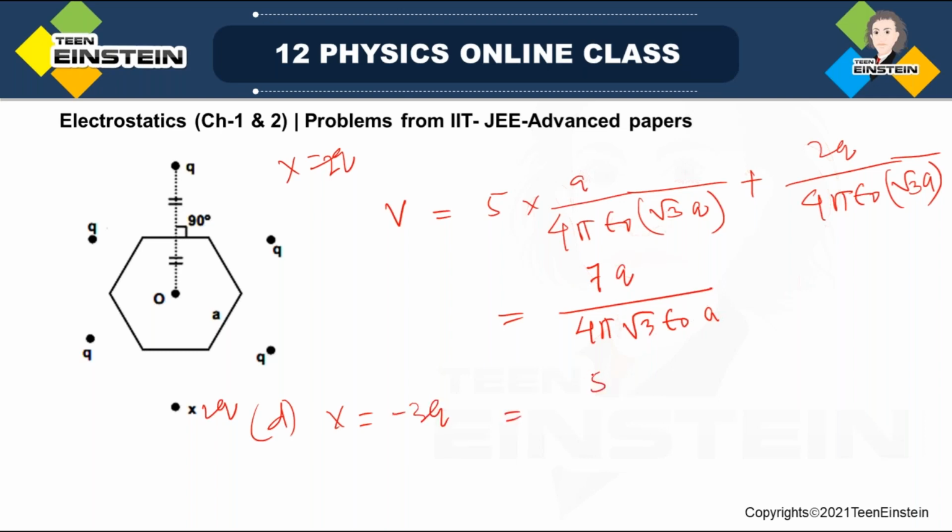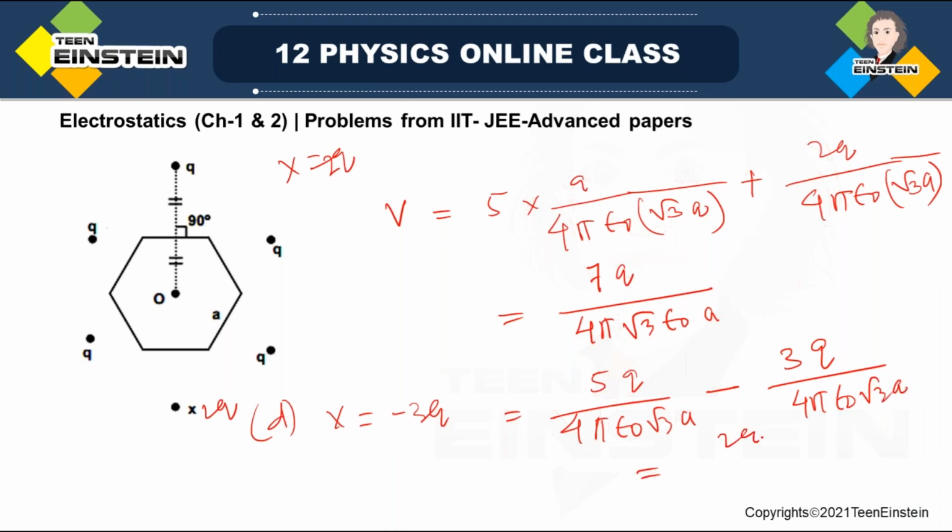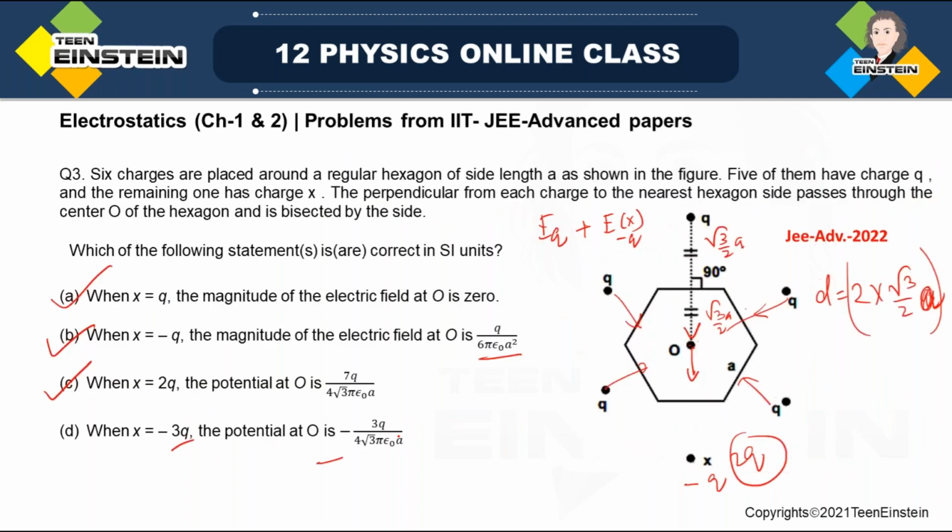We know this is 5Q by 4 pi epsilon naught root 3 A, and here I have to subtract 3Q, so it will actually become 2Q by 4 pi root 3 epsilon naught A. If you strike off the 2, it will give you Q by 2 pi root 3 epsilon naught A. But what is the answer given?